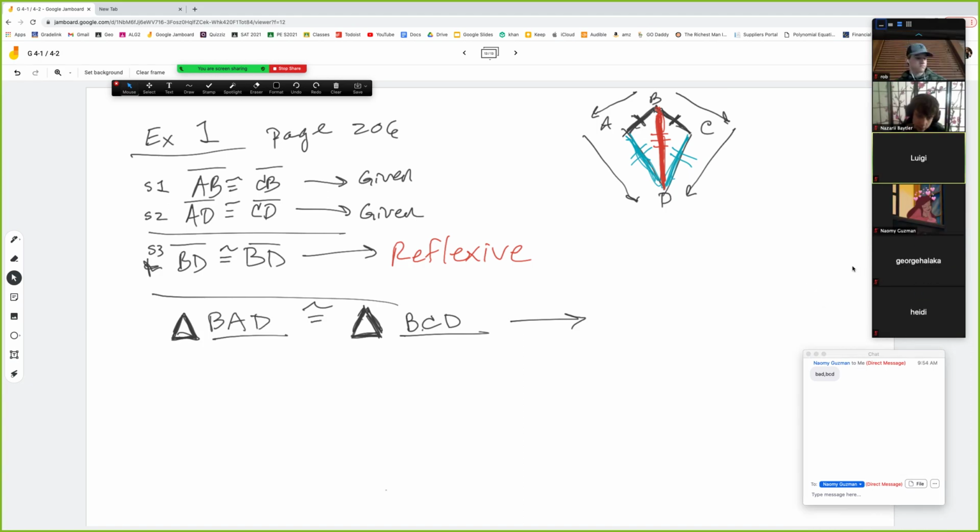Heidi, what is our reasoning as to why BAD is congruent to BCD? We have three lines that are congruent. What is the reasoning that we can now say the triangles are congruent?